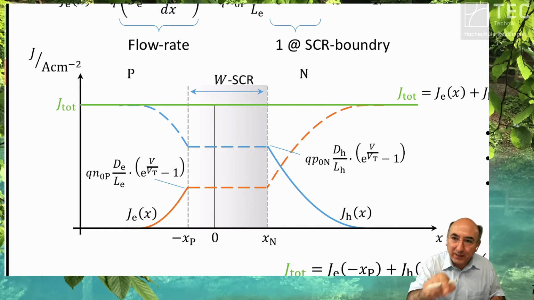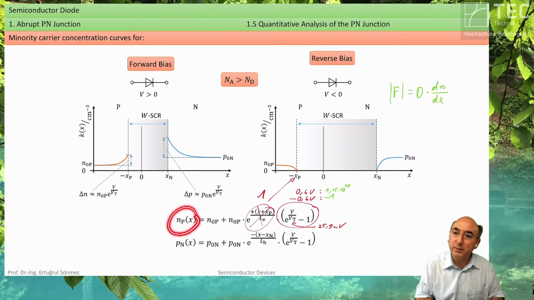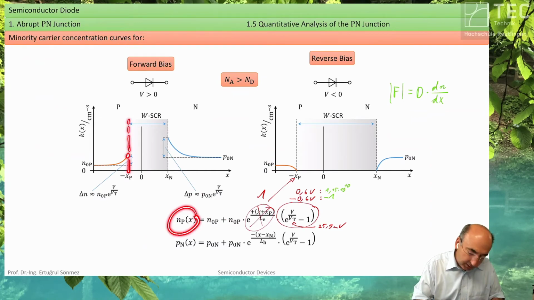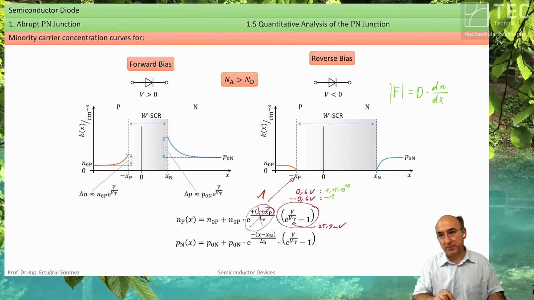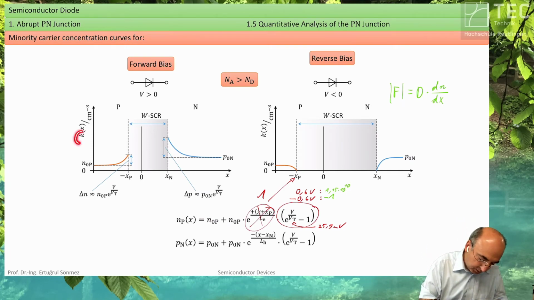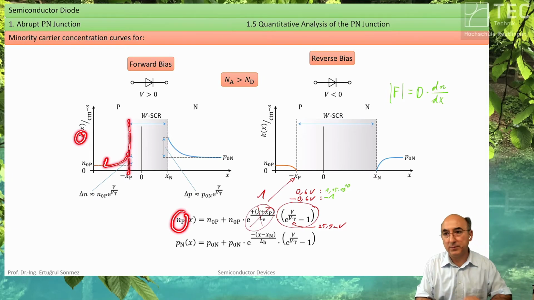And what we can calculate is the concentration at the space charge boundary and going away from the space charge boundary, but for the minorities. Again, we learned the concentration of the minorities starting at the space charge boundary and going away from it.